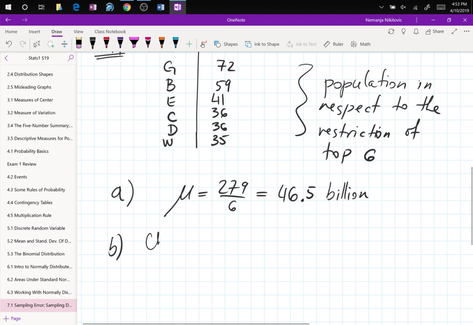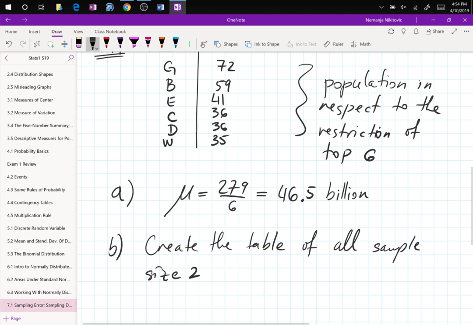Create a table of all sample size 2 possibilities and their X bars.